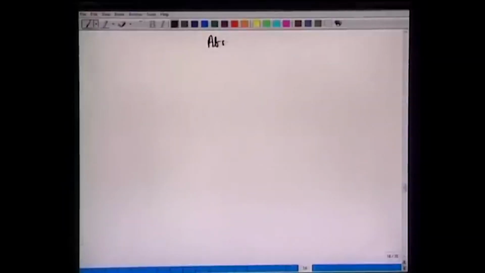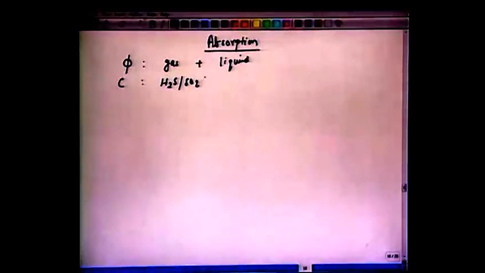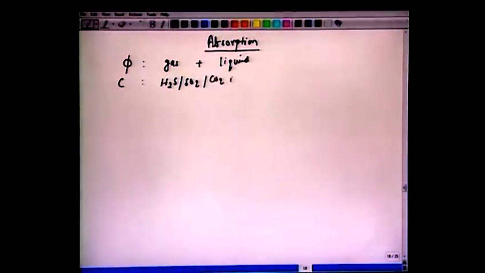So, we begin the first unit operation, absorption. We have two phases, gas plus liquid, and we have two components. For example, SO2 or carbon dioxide in air. So, one component is air and the other component is, let us say, sulfur dioxide.